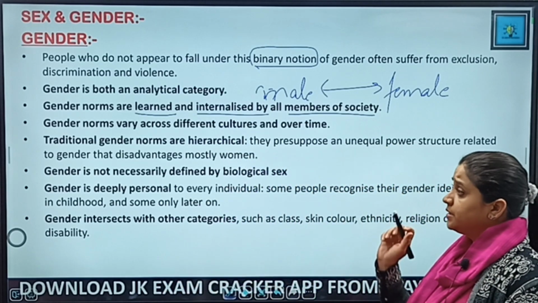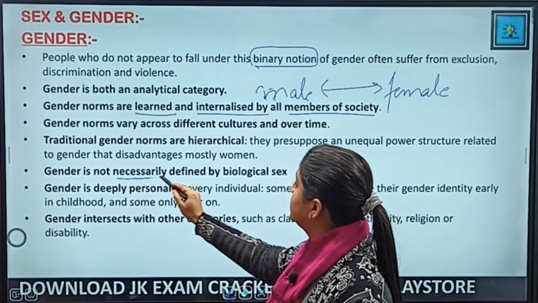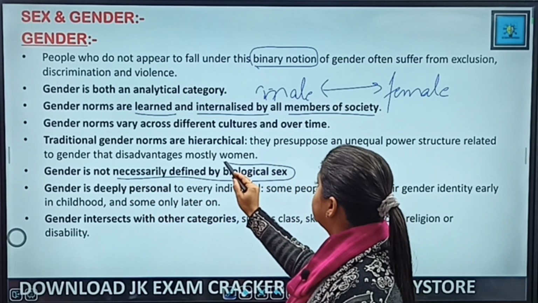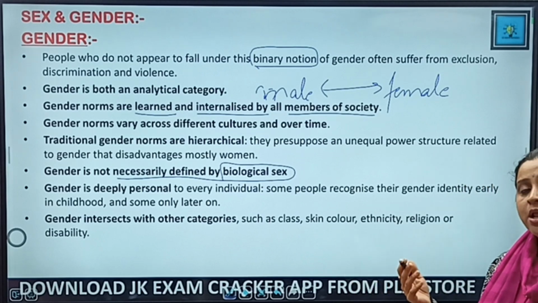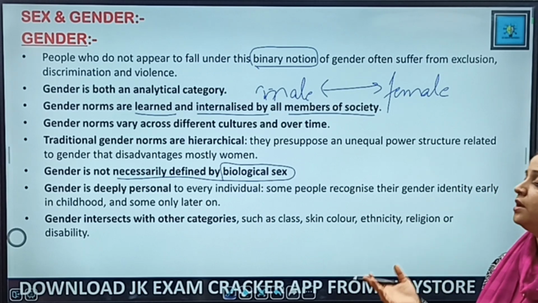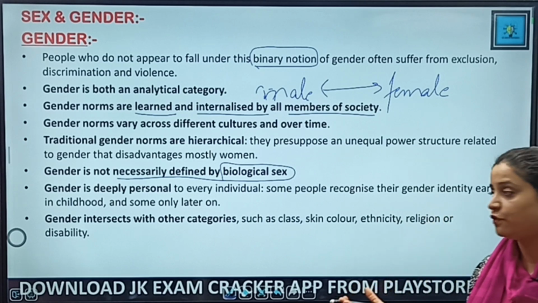Gender is not necessarily defined by biological sex, as we said that some people might be born biologically as men or male but they are not masculine. Similarly, vice versa for females.